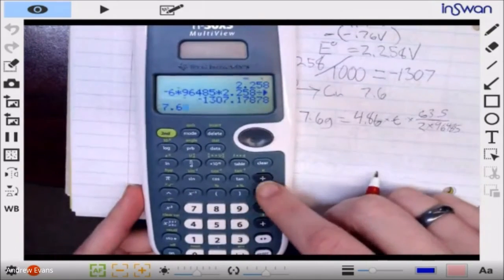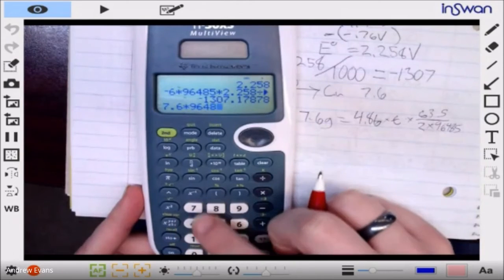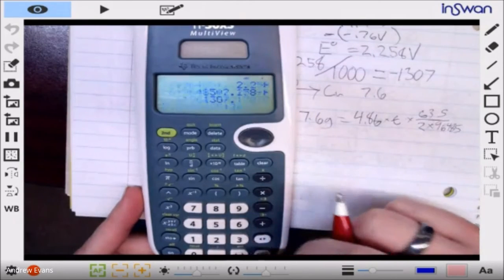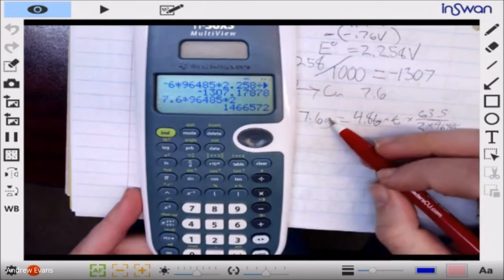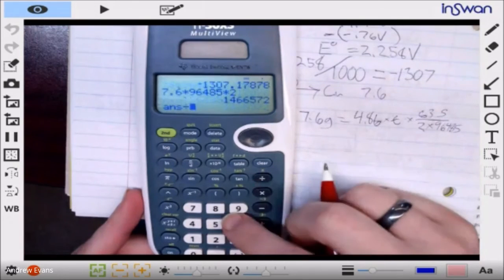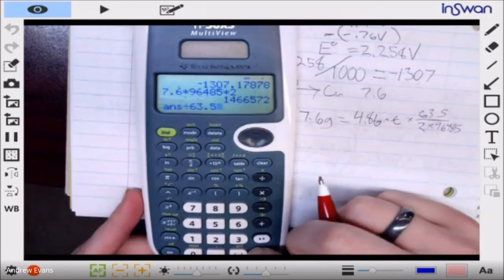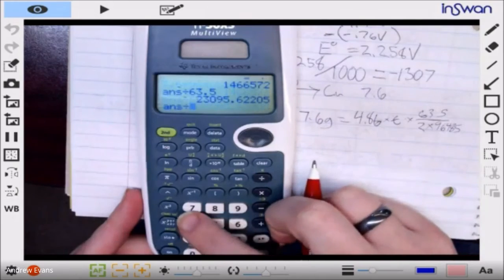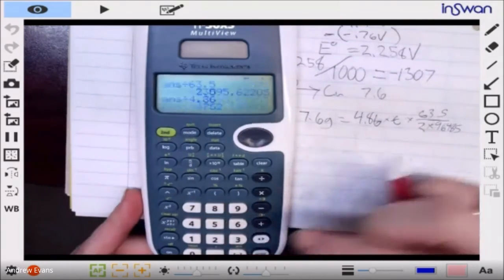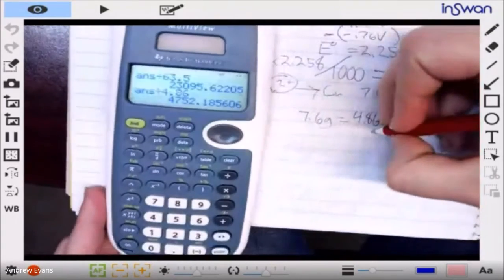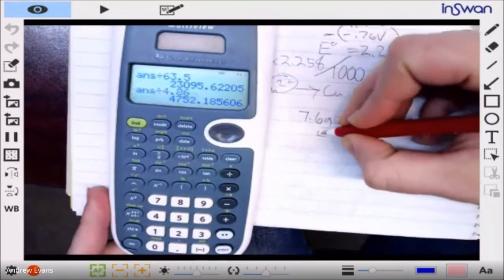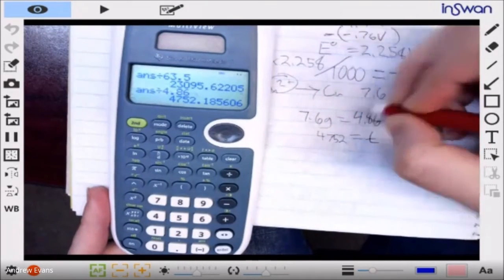So 7.6 times 96485 times 2. That gets that to the other side. Divided by 63.5, divided by our current, gets the time. The time right now is 4752 seconds.